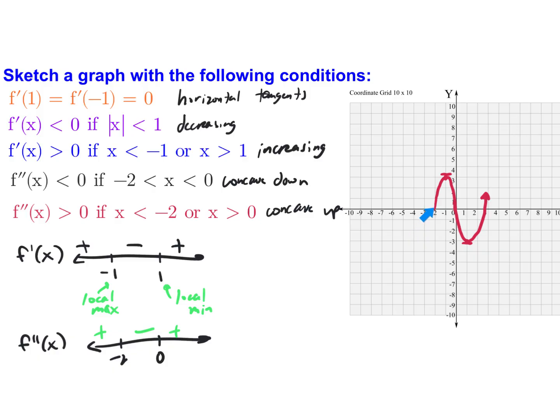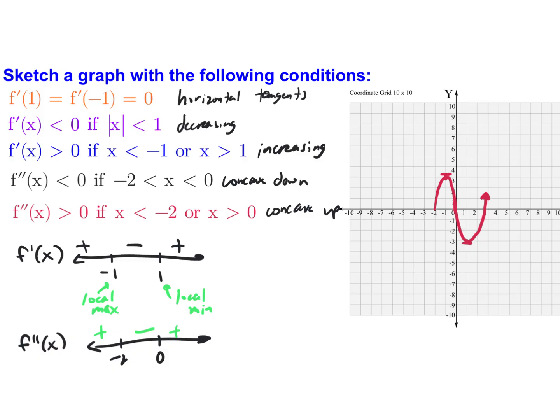Sorry, it's going to be concave up, and it also has to be increasing. When we say increasing, we're talking about from left to right. So from here to here, it's got to be going up. If I went this way, then it would be decreasing over there. So that would be a problem.